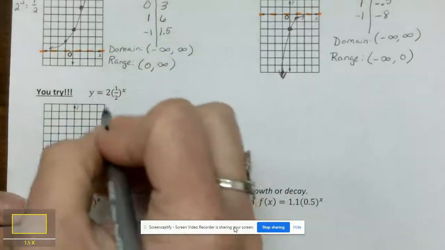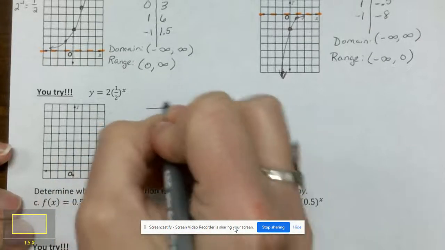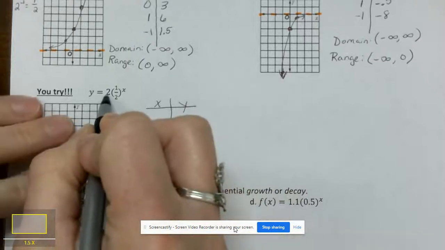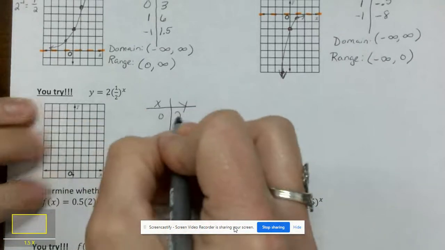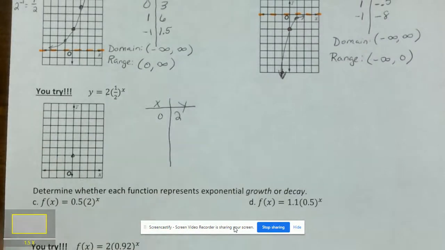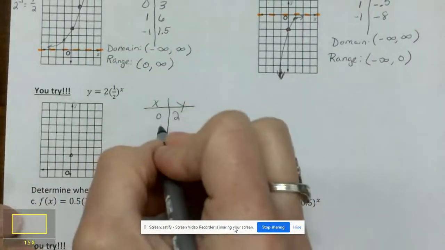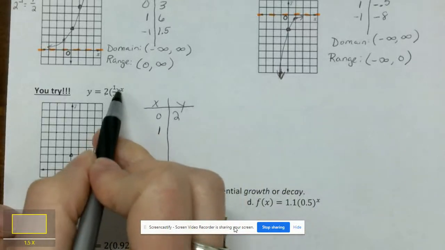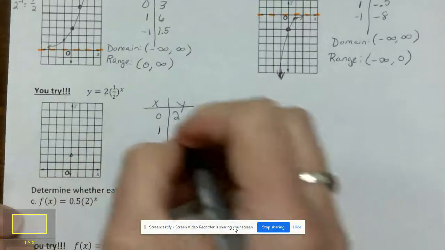Okay, hopefully you worked this try problem here. So we're going to look here, x and y. We've got 0, 2 we know is a point on the graph. So I'm going to go ahead and put that 0, 2 because 0, a is always a point. And then if I put in 1, 1/2 raised to the first power is 1/2, and half of 2 is 1.